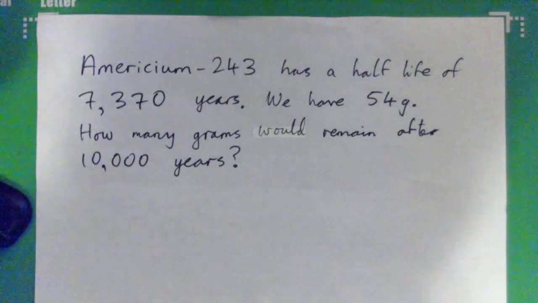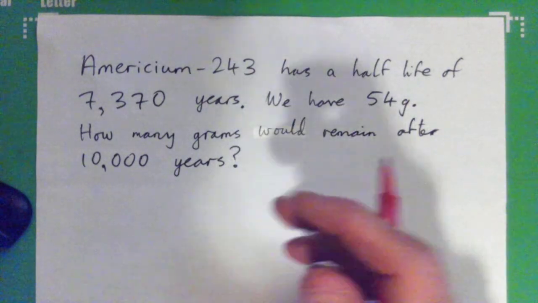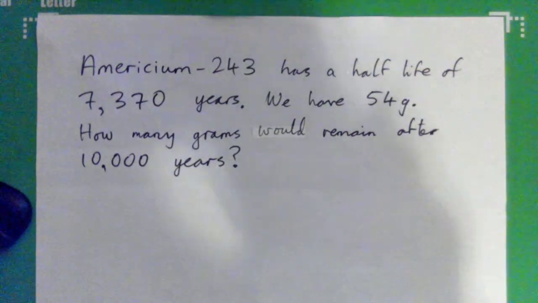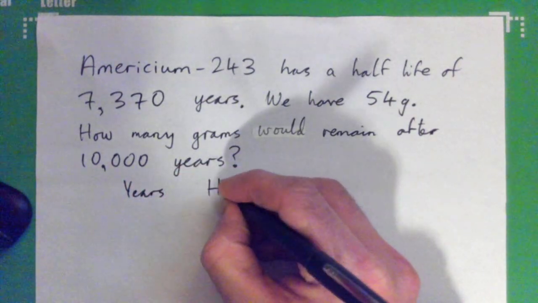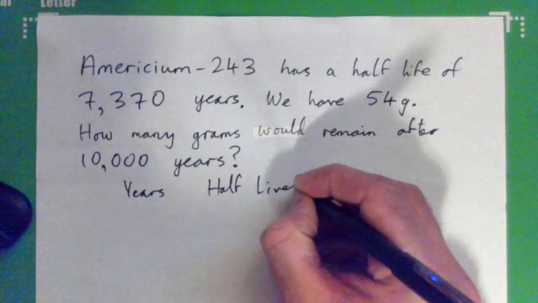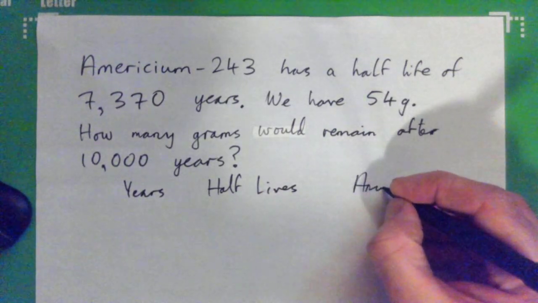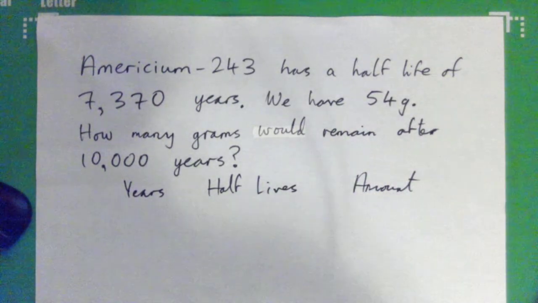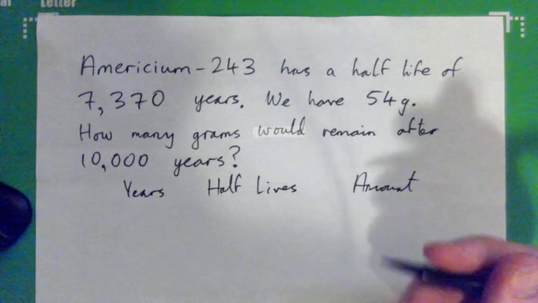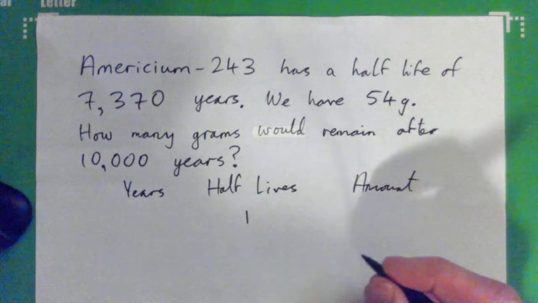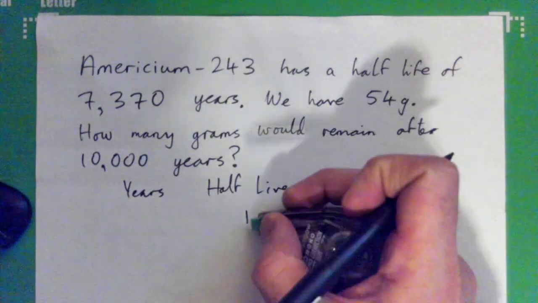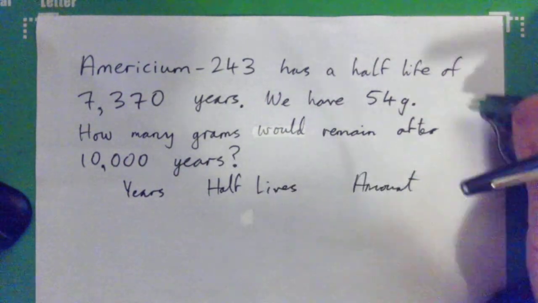Okay, so for this one, you think about years and half-lives and amount remaining. I'm just going to do one half-life, just to get us into the thinking of what's going on here.